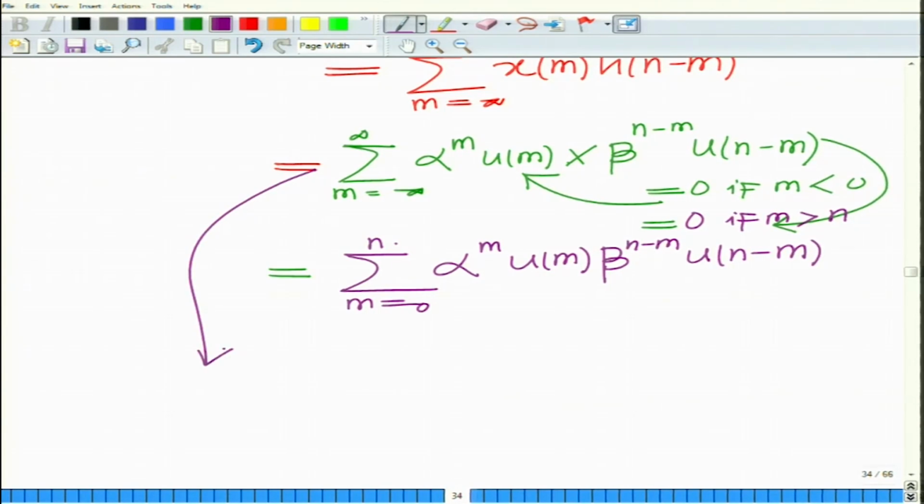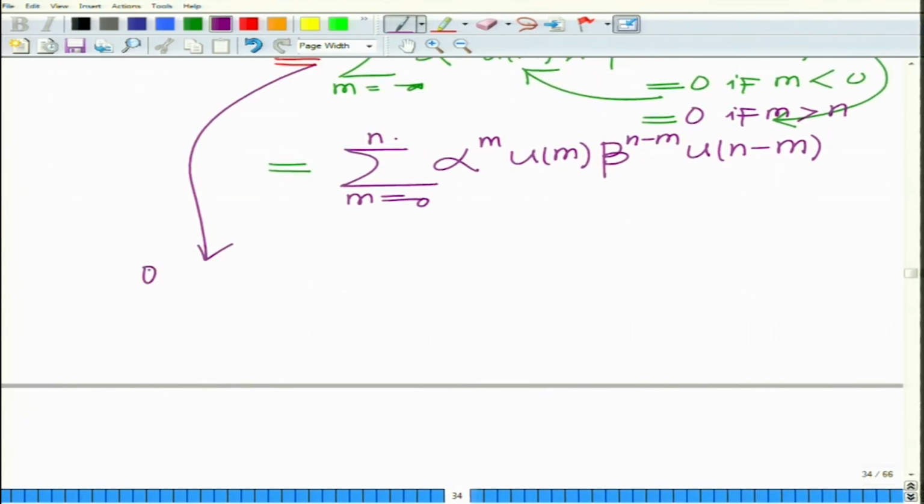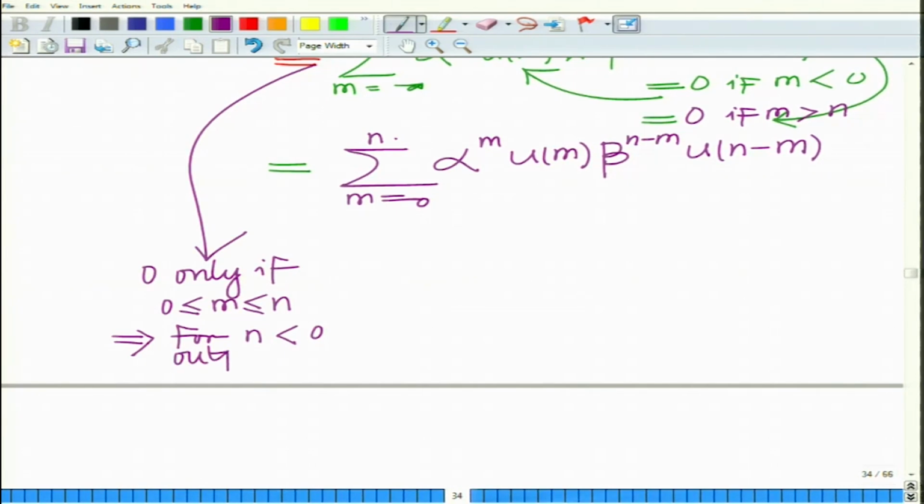This is non-zero only if 0 is less than or equal to m less than or equal to n, which automatically implies that for n less than 0, the output is equal to 0.